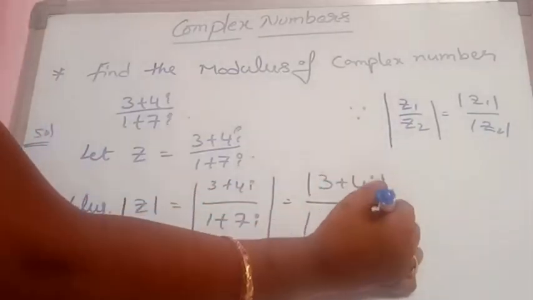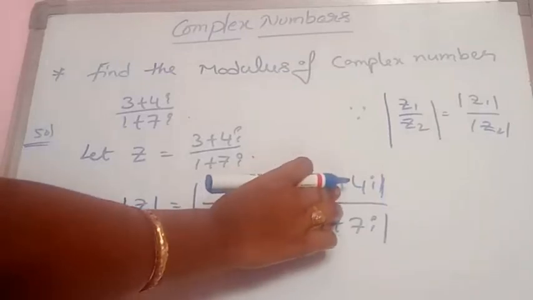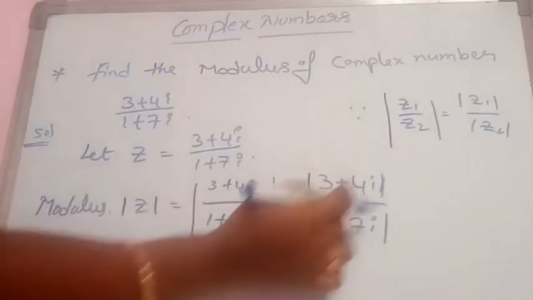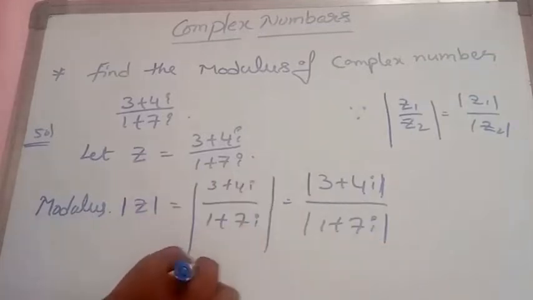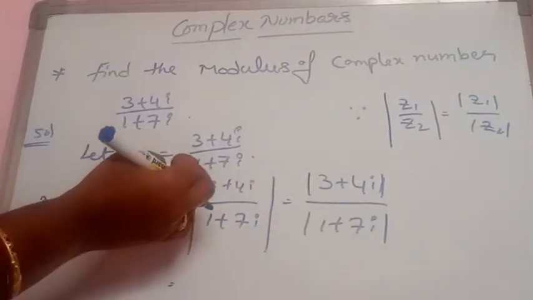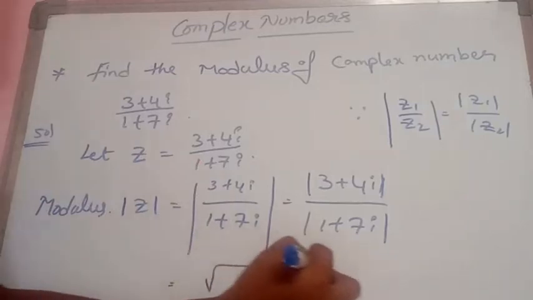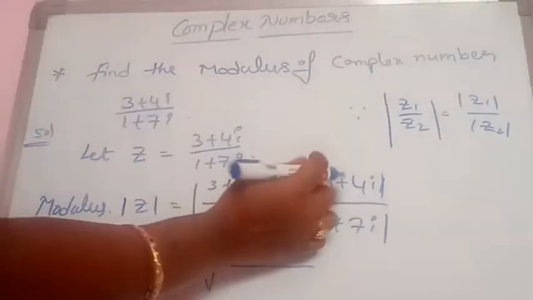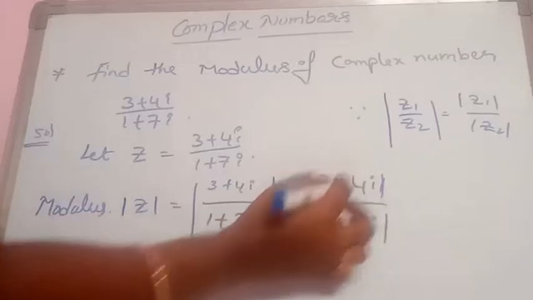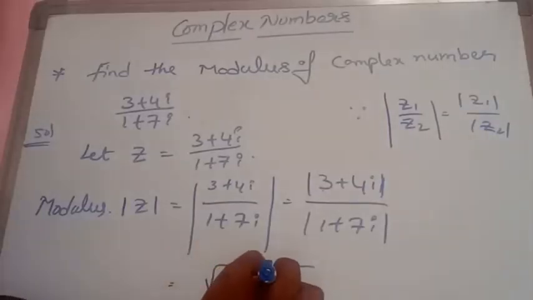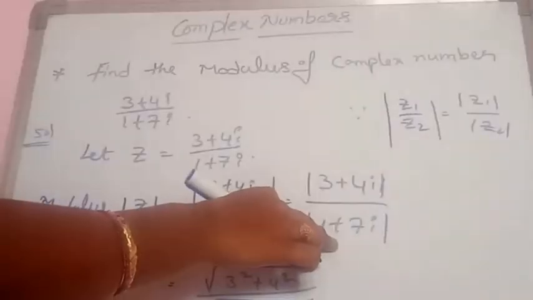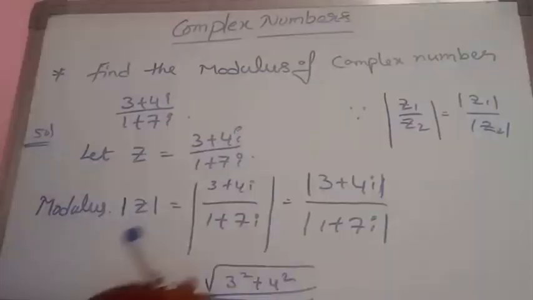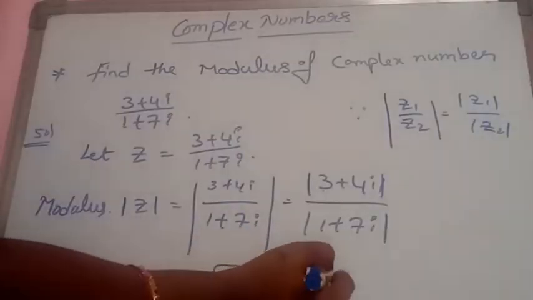Here, this is the modulus of one complex number, and this is another complex number. We already know the formula for the modulus of a complex number, that is root of x square plus y square. Here x is 3 and y is 4, that means root of 3 square plus 4 square, divided by the modulus of this other complex number, which is also root of x square plus y square.